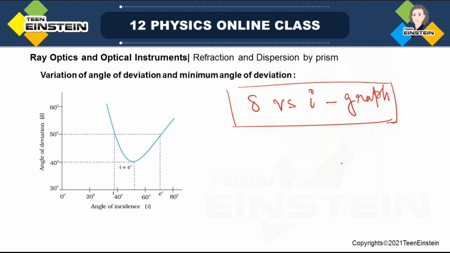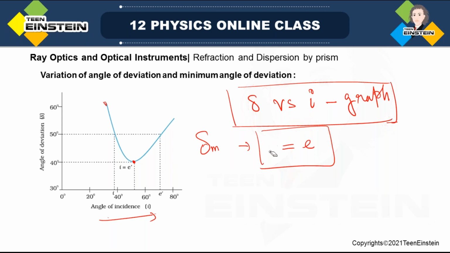What we can see from here is that as the angle of incidence increases, this way, 0, 20, 40, 60, etc., the angle of deviation starts from here and is actually decreasing. Until what point? Until it becomes minimum at a certain point, where angle of incidence equals angle of emergence.